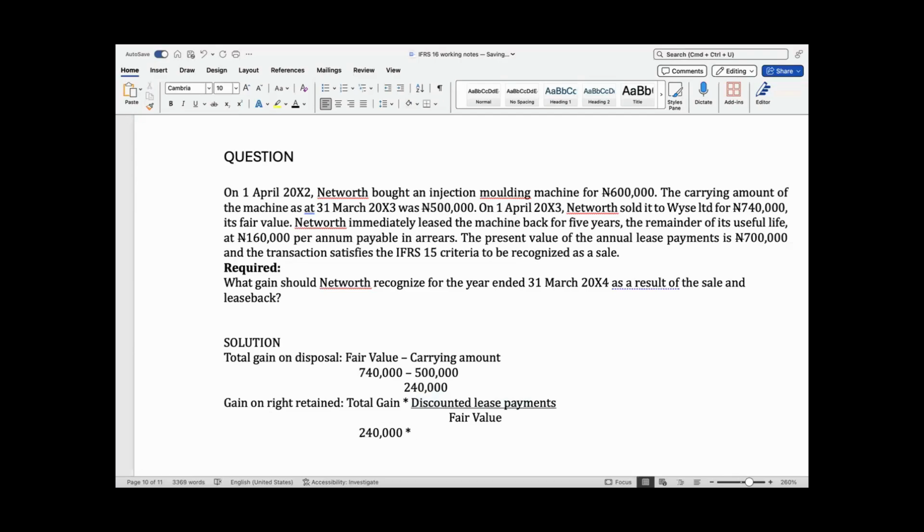What's the discounted lease payments? 700. What the fair value of these assets? 740.